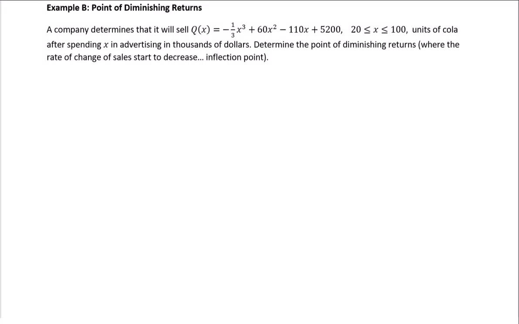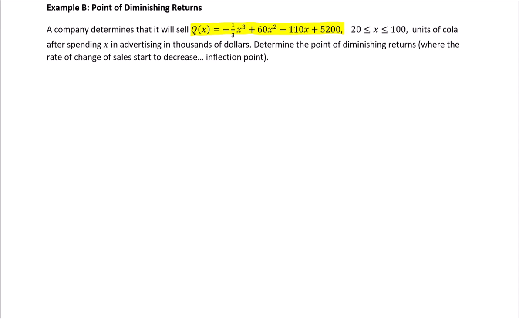Example B, a company determines that it will sell Q of x equals negative 1/3 x cubed plus 60x squared minus 110x plus 5200, where it has a domain between 20 and 100 with the endpoints included, units of cola after spending X dollars in advertising in thousands of dollars.